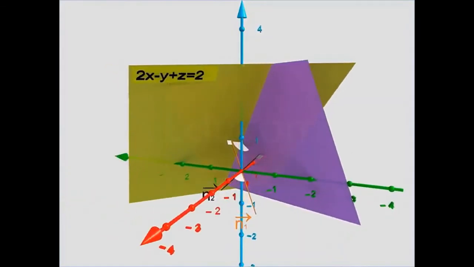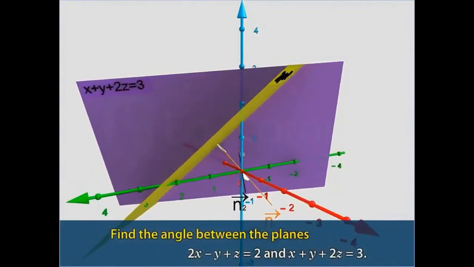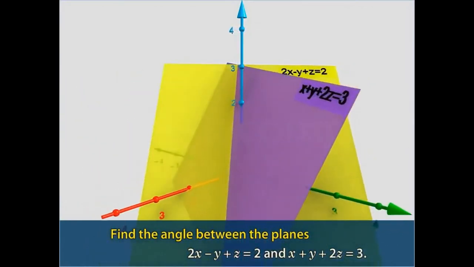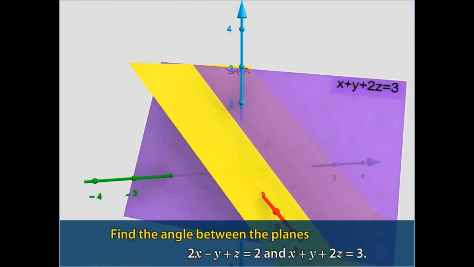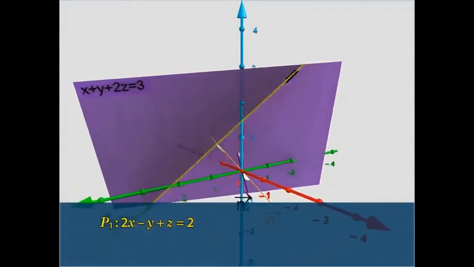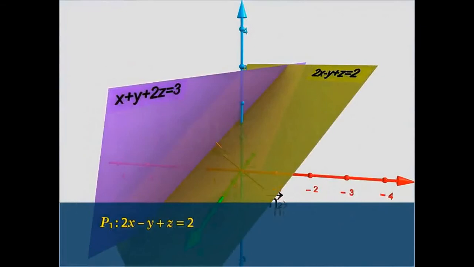Let us see an example. Find the angle between the planes 2x minus y plus z equals 2 and x plus y plus 2z equals 3. Solution. Let capital P1 represent plane 2x minus y plus z equals 2 and capital P2 represent plane x plus y plus 2z equals 3.